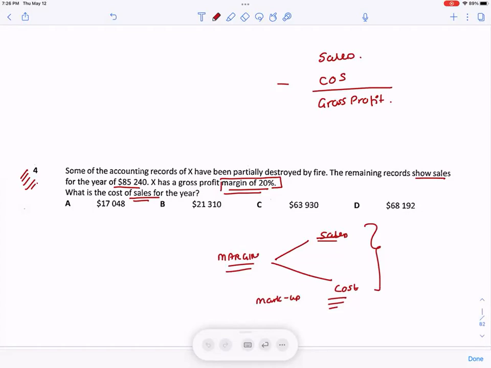This margin and markup, what does it help us for? It helps to find gross profit with missing information. Even if one thing is not there, if margin and markup is there, you can get gross profit.